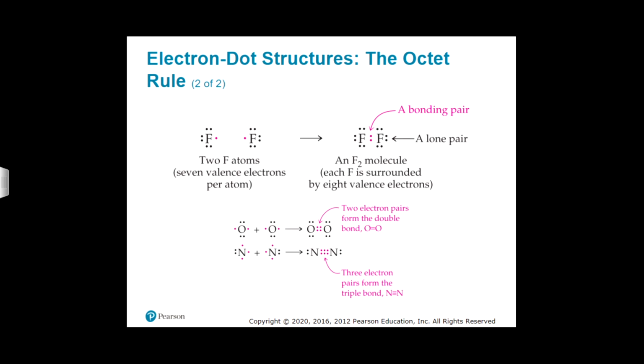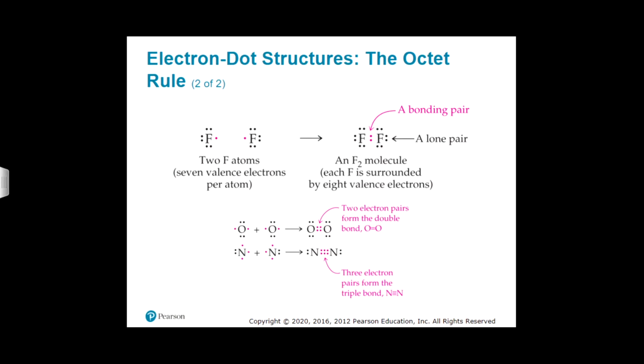When those come together, just like in the case with hydrogen, we still have 1 unpaired electron per atom, and so we can bring those 2 pink electrons together to form another bonding pair between the fluorine atoms, but we still have those pairs of electrons that are not involved in bonding because they were already paired on the individual atoms. And these are called non-bonding pairs, or more commonly lone pairs.